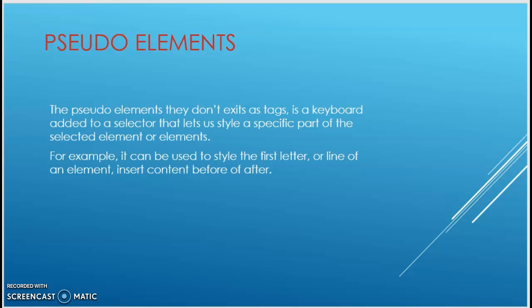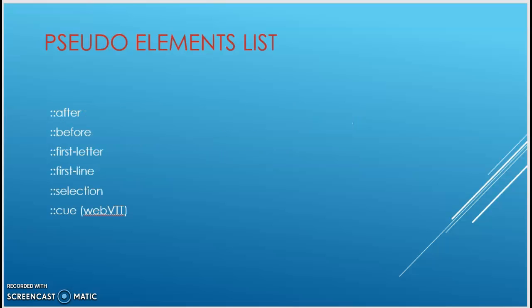I have here a small list of pseudo elements, and like I said, they are very easy to understand and are defined by two colons like this. In this case, we have after, before, first letter, first line, and selection.